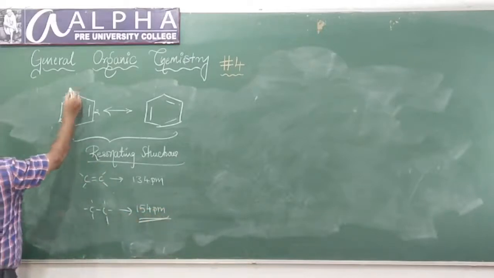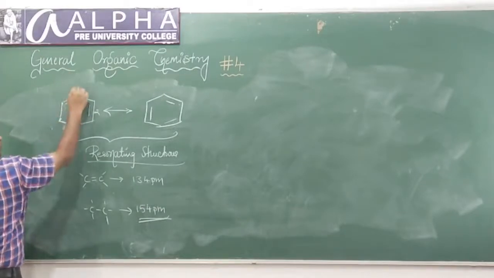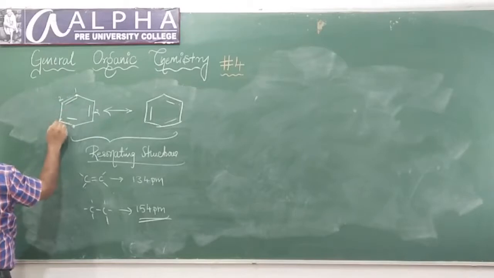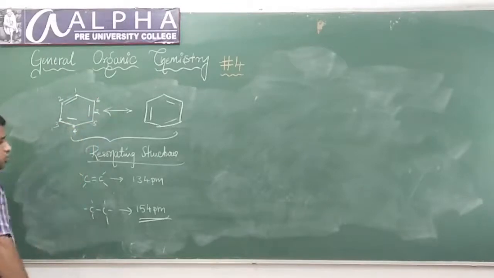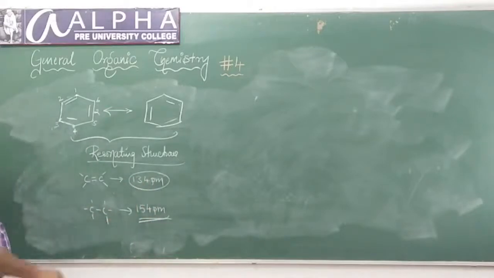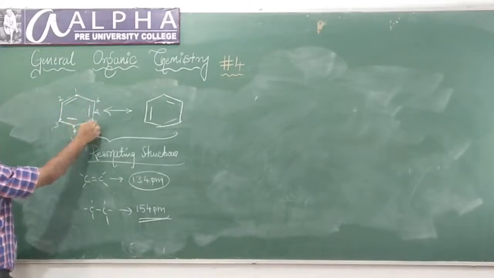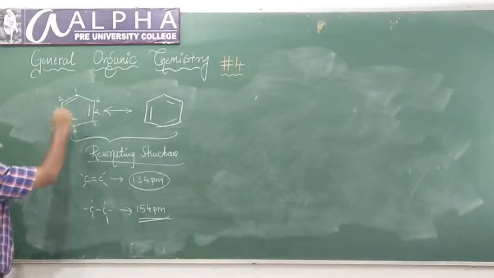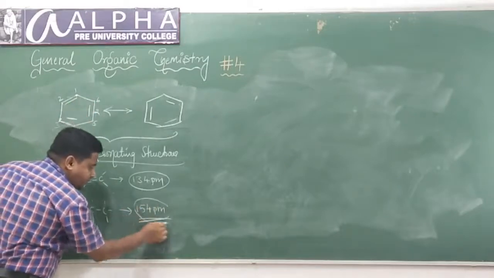That means the double bonds, between the first and second carbon, third and fourth carbon, and fifth and sixth carbon, would have been of 134 picometer, whereas the bond length between first and sixth carbon, fourth and fifth carbon, and second and third carbon, which are single bonds, would have been 154 picometer.